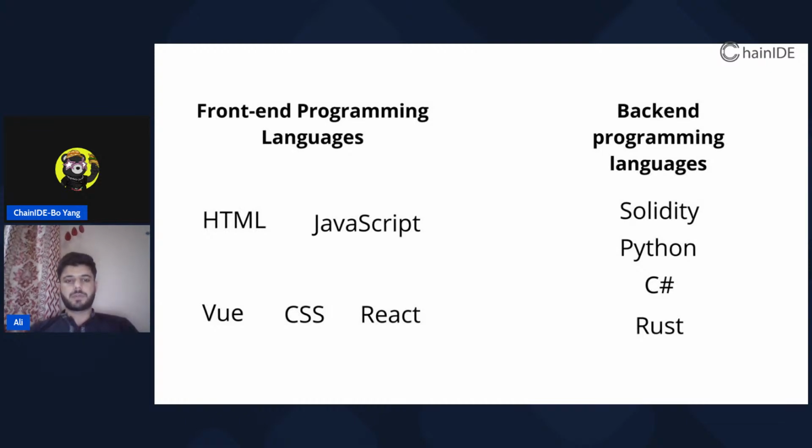That is your own choice, which one you feel comfortable with. But if you are good at one programming language, it is very easy for you to be good at another programming language. For example, if you are good at C++, it is very easy for you to learn Python also, or to learn Solidity.